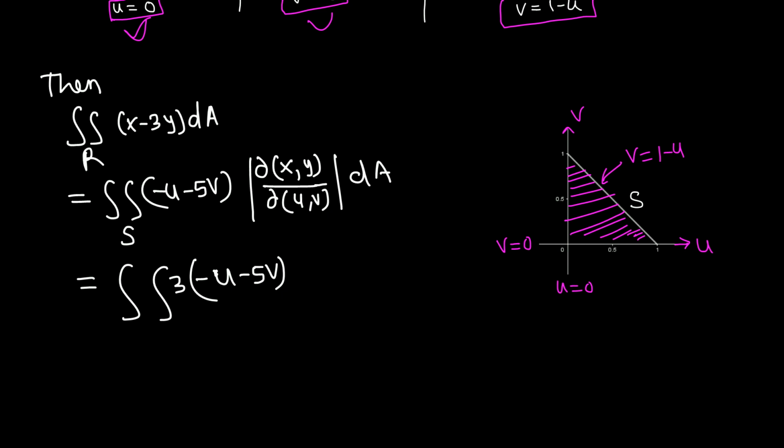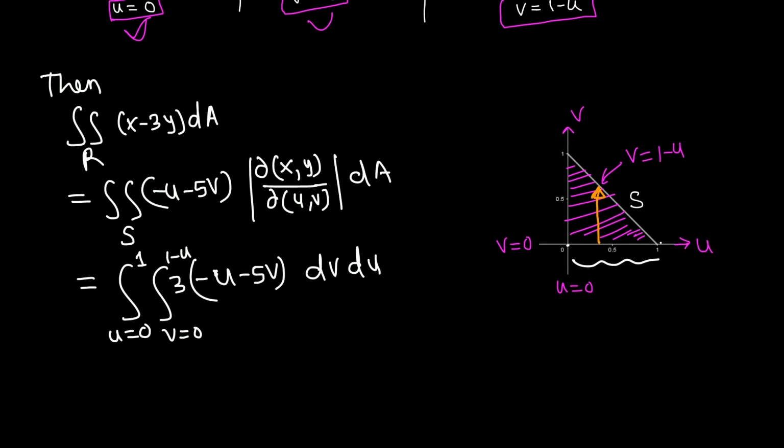If we remember what we covered a long time ago, we can make this a type 1 region, that means dv du, like dy dx, with u on the outside. For v, looking at the bottom curve, v equals 0, and the top curve, v equals 1 minus u, so v goes from 0 to 1 minus u. For u, the arrow could be taken anywhere, 0 to 1.